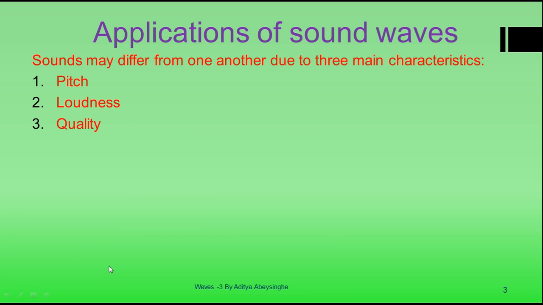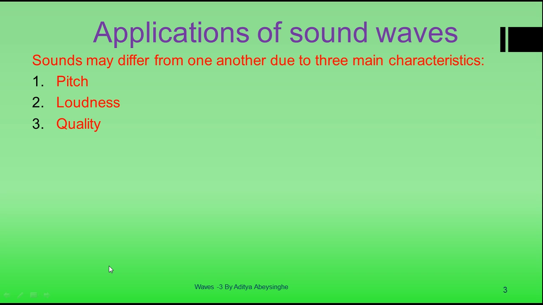Alright, to start with, the applications of sound waves. Sound produced by different sources has different characteristics. For example, if you take the sound from a loudspeaker with some frequency, you may not hear the same quality of sound. What I mean by quality is the tune.